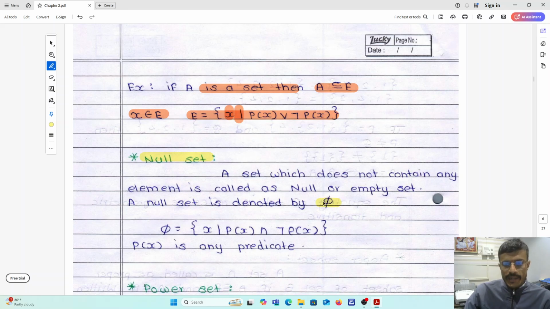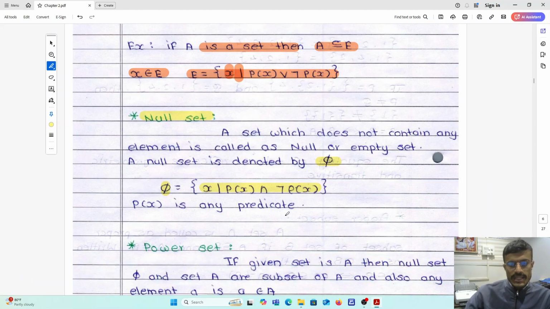It is represented by phi, or simply as opening and closing curly braces. Phi equals {X such that P(X) and negation P(X)}. That is the notation to represent the null set.